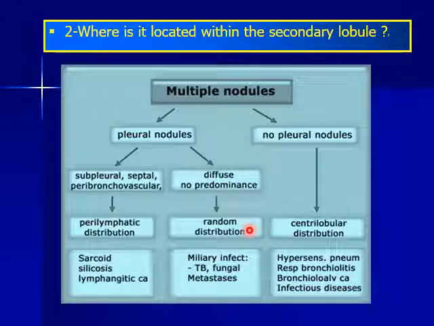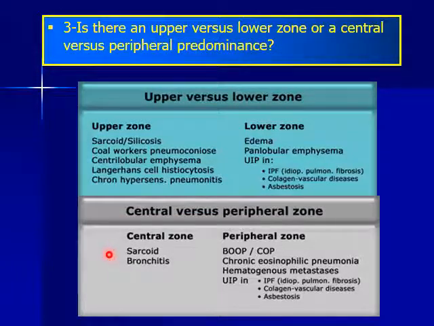The second question, where is the pathology? Is it in the centrilobular area? Okay, or is it random in cases of nodules, or lymphatic distribution? The third question, where is the dominance?